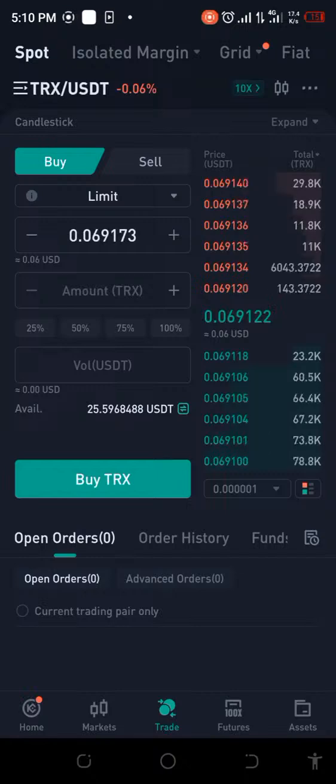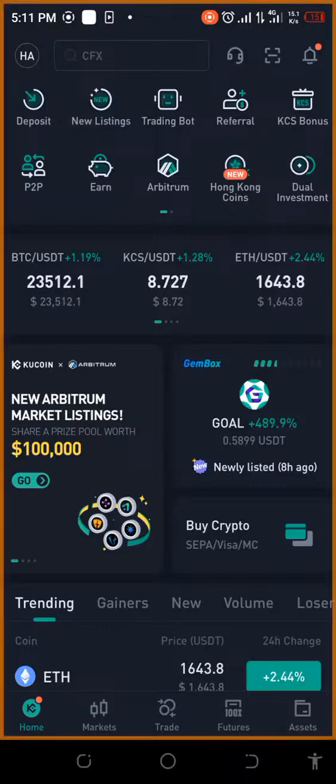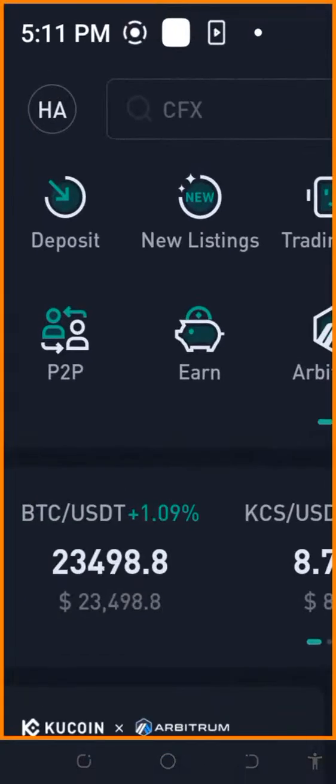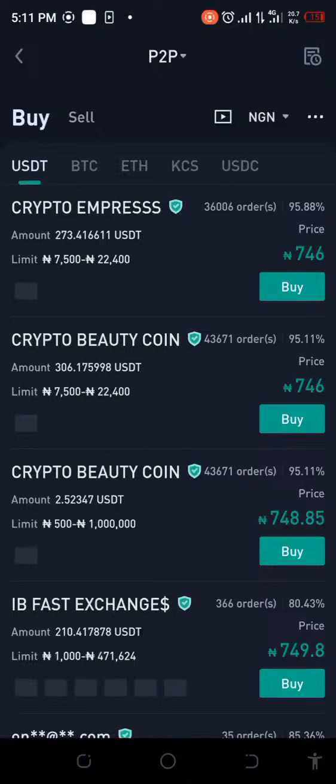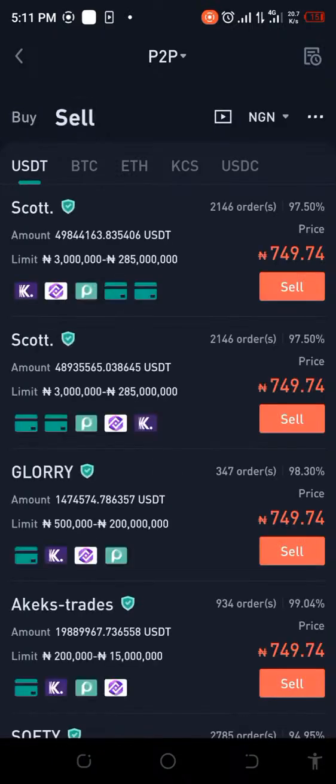Okay, so we're here to change this to TRX. Of course, there are two ways you can do this. You can decide to use the P2P. If we look here, you will see that KuCoin has P2P, right? So you can decide to withdraw your money by just selling it off. It's very, very possible.